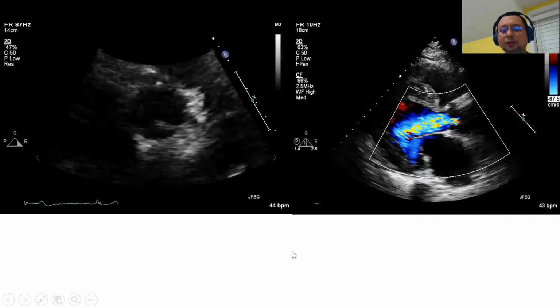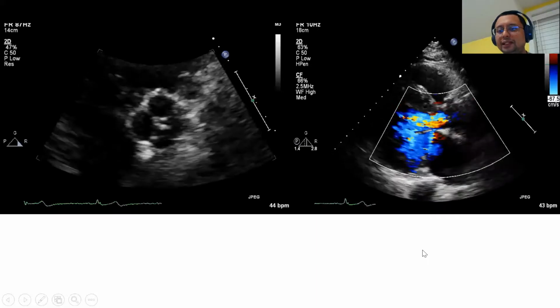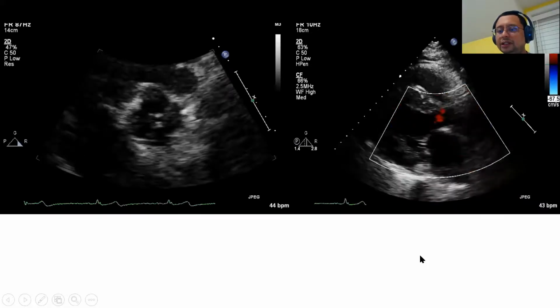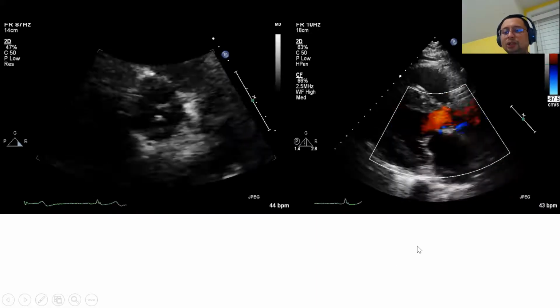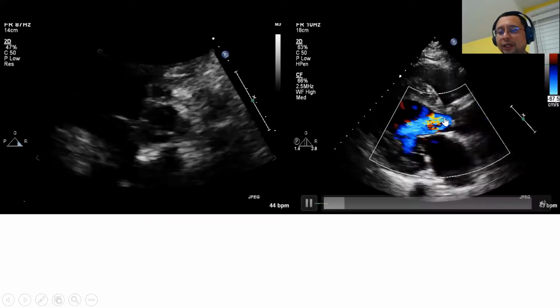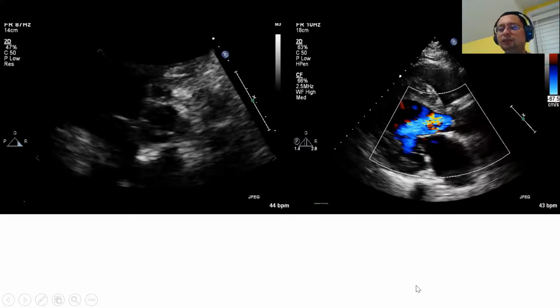Okay, you look at the figure on the right side, so you can see that the patient has aortic regurgitation. One way to see the severity of this aortic regurgitation is to look at the distance of this color jet and compare it to the distance of LVOT. This one is definitely more than 65% of the distance of LVOT, so that is a sign of severe aortic regurgitation.